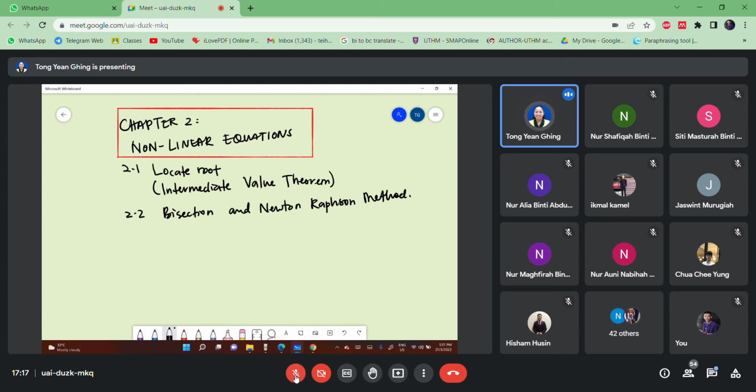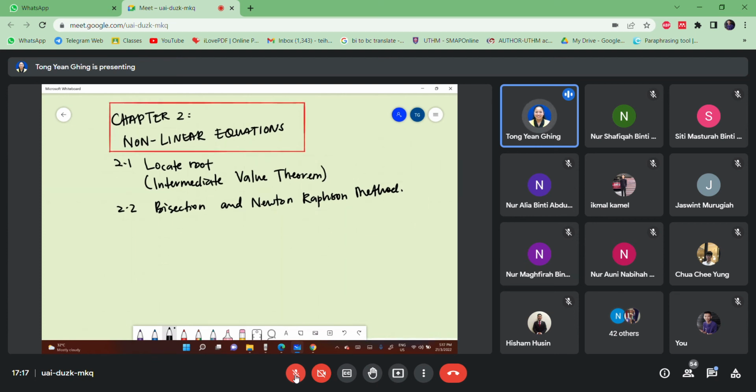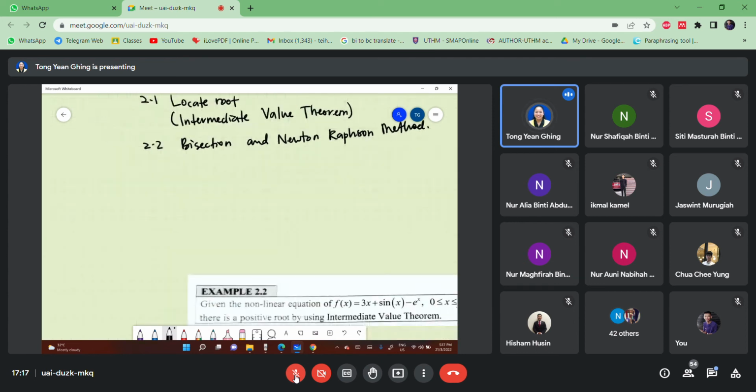So what is a linear equation first? This one is non-linear, but we start with the linear equation first.